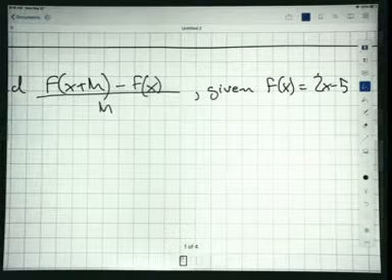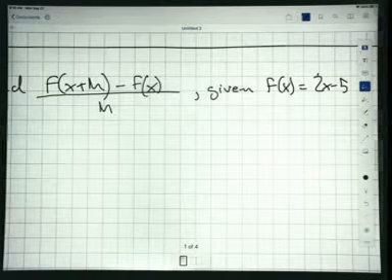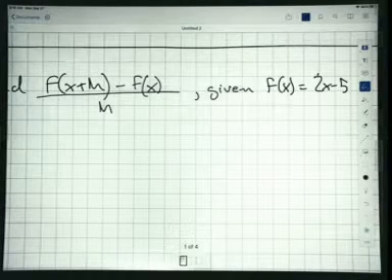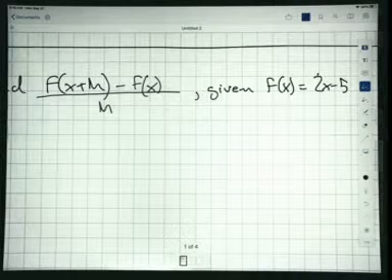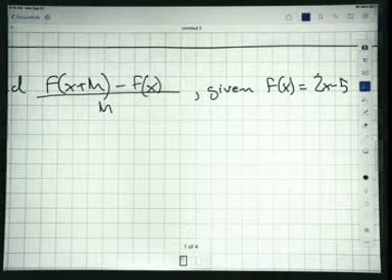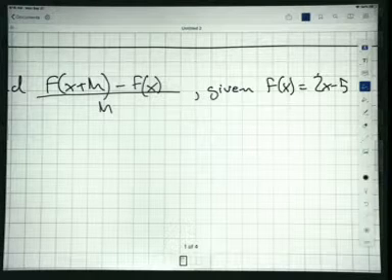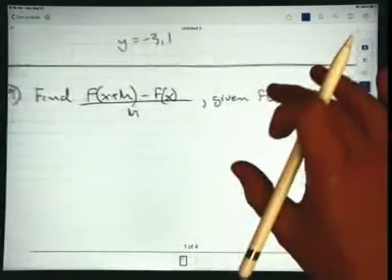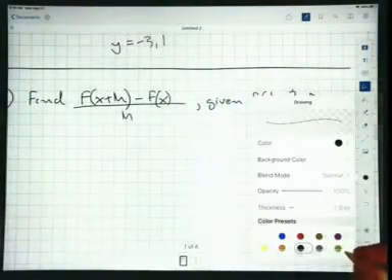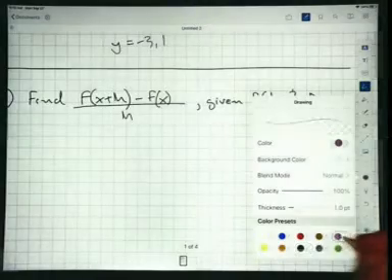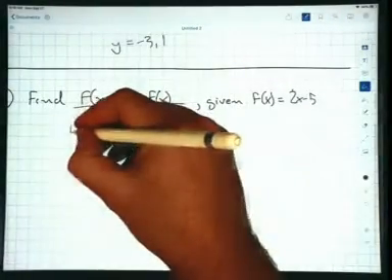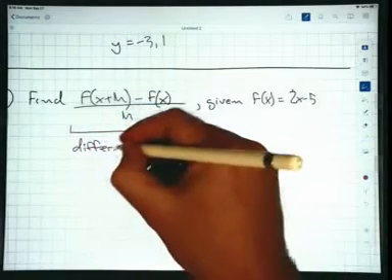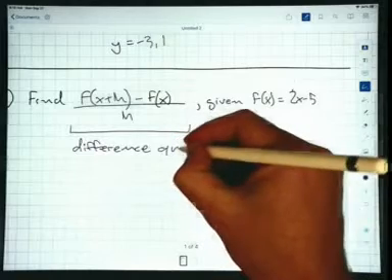Just taking a second to look at where we're going to encounter this again. Anyways, this function right here is called the difference quotient.